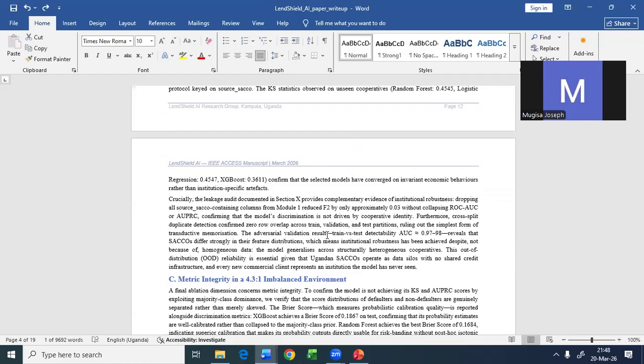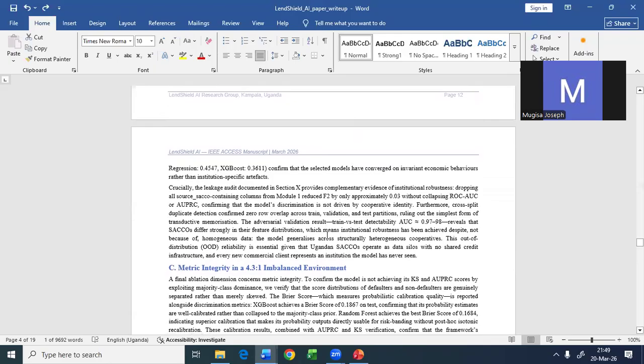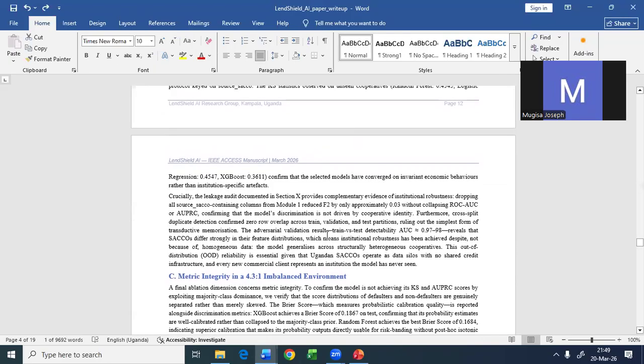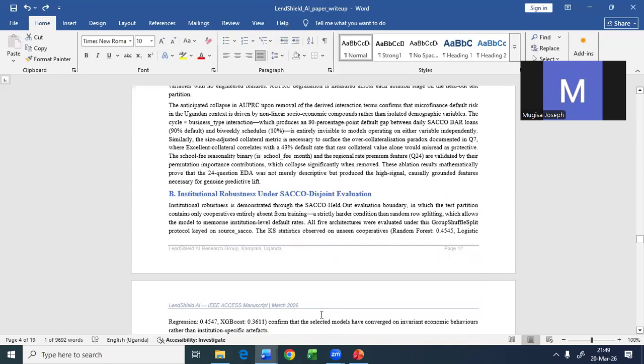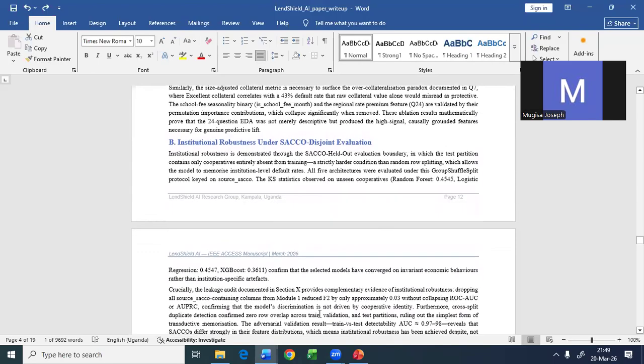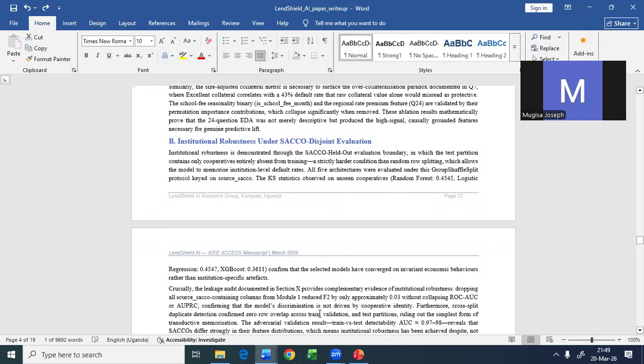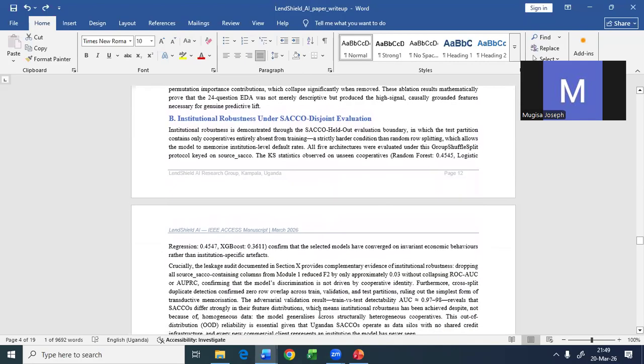Another approach we used to select the model was robustness across circles. So we look at stability. What is the stability of that particular model?